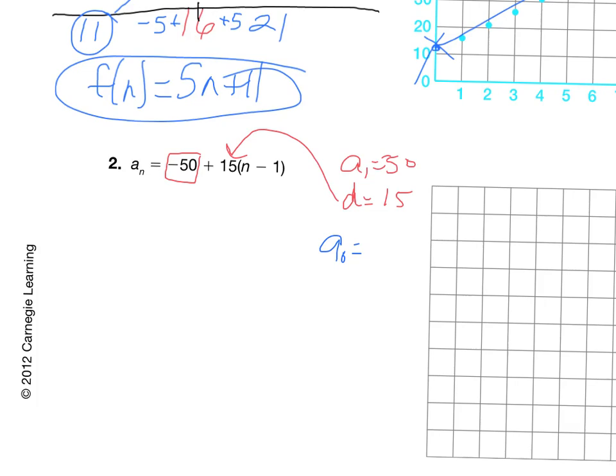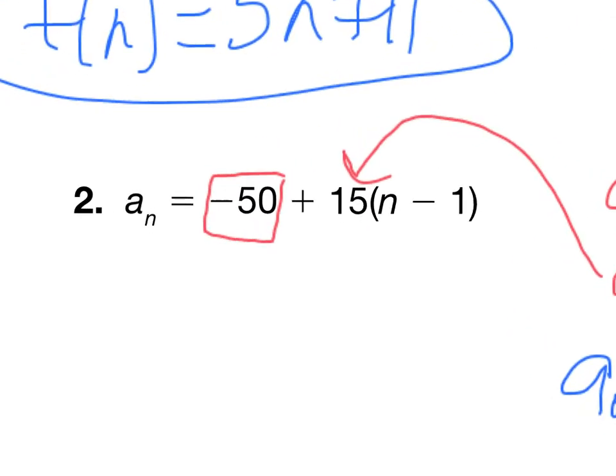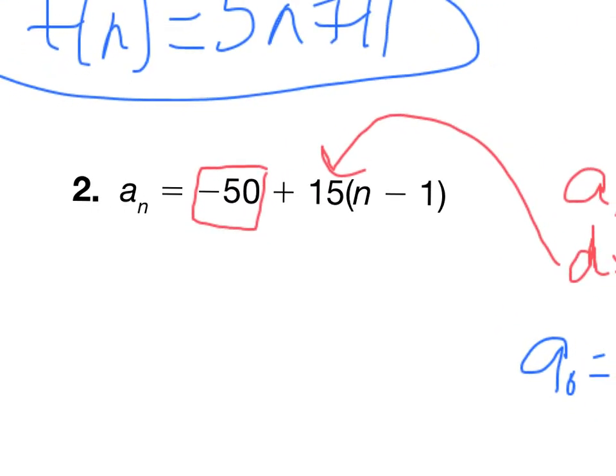So what I figured out was this. So 15, I'm going to put minus 15, because in order for it to go this way, it's going to be plus 15, but the opposite way would be minus 15.